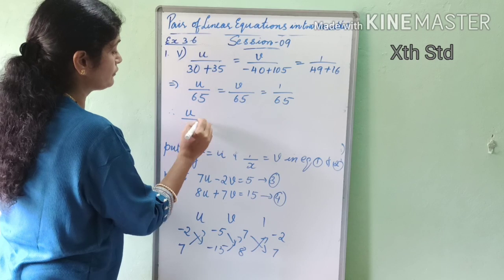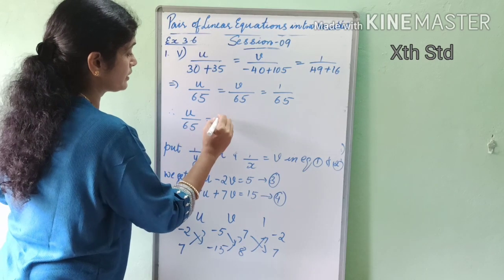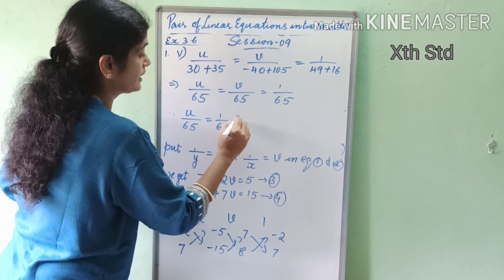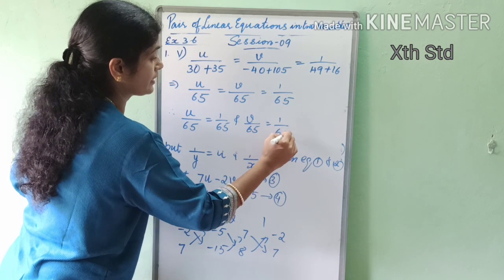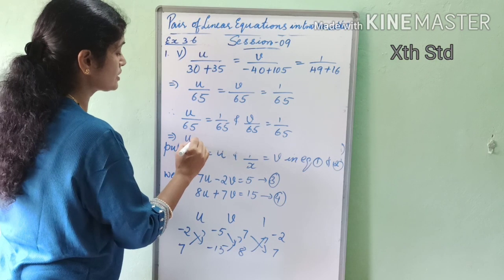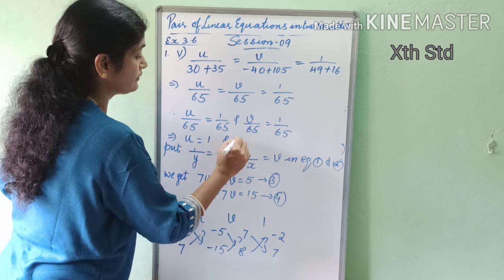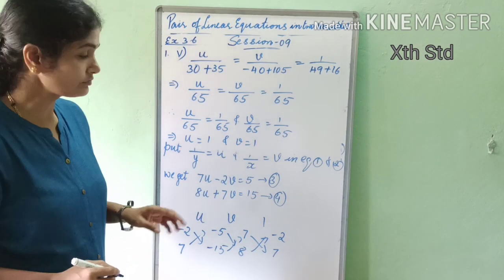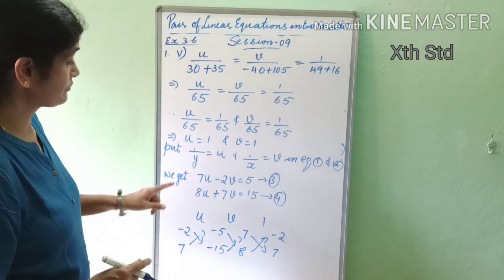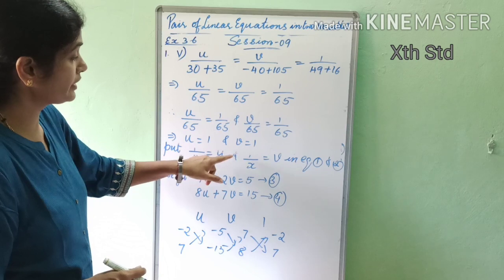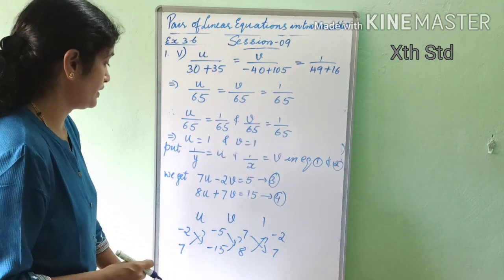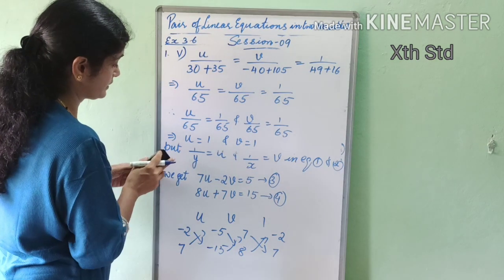Therefore, u by 65 equal to 1 by 65 and v by 65 equal to 1 by 65, this implies you get u equal to 1 and v equal to 1. But what are u and v? 1 by y is equal to u and 1 by x is equal to v. So you will substitute that.